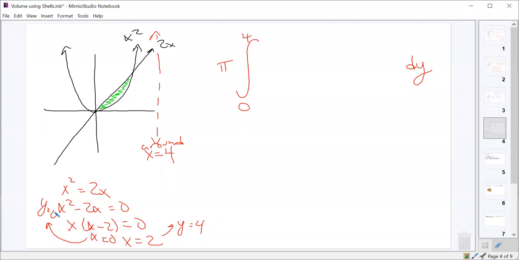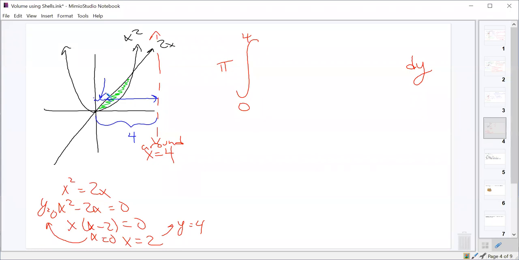Well, what's my outer radius? It is 4 units from here to here. But this is the radius. I need to cut off this little piece right here. What is this little piece right here? It's just a distance from the y-axis to a function, right?